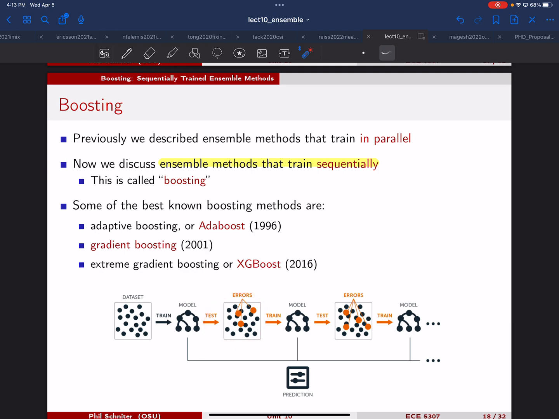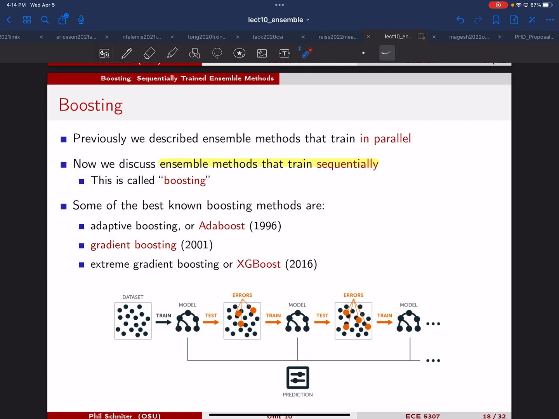You look at the particular data samples where you made mistakes, and then you train a new model that puts a higher weight, higher emphasis, on those bad training examples. Then you see how it does, look at where its errors are, put higher weight on those, and so on and so on.